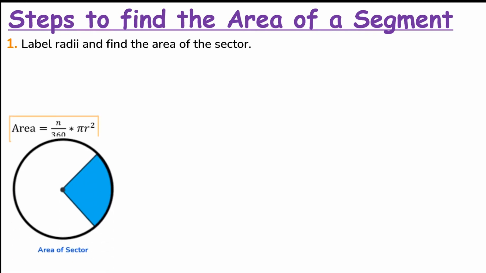So let's look at the steps to find the area of a segment. The first thing you want to do is label the radii and find the area of the sector. So we have a sector here. And so the formula for area of a sector is n divided by 360 times pi r squared. N is the arc degree, or the degree of the arc.